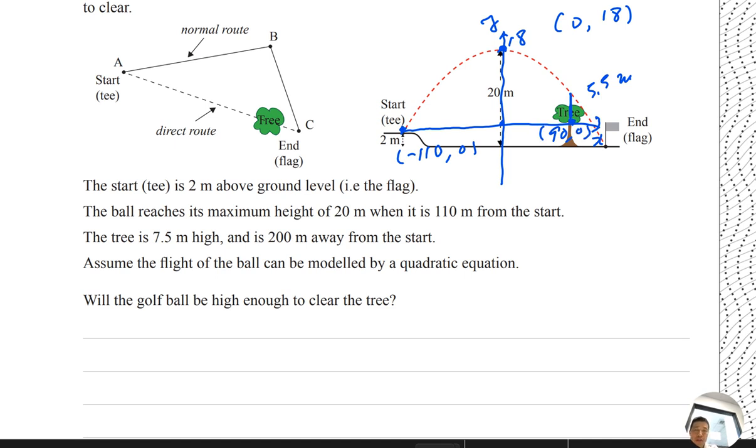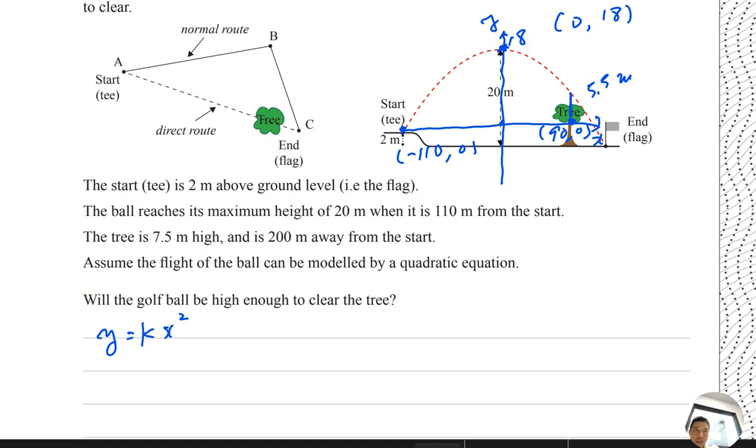We need that. So now, using this turning point, we can form the equation like this. y equals k x squared plus 18. There is no horizontal shift, so we don't need a bracket. k is a scale factor.